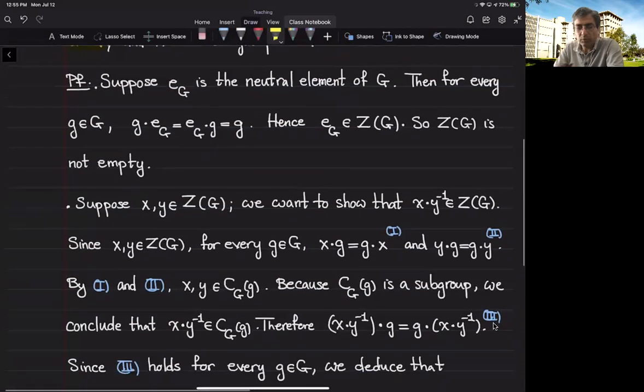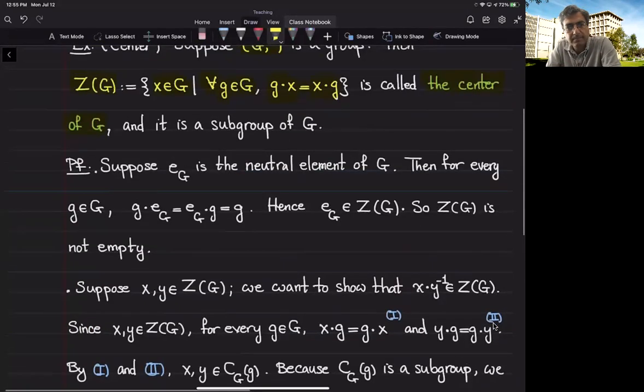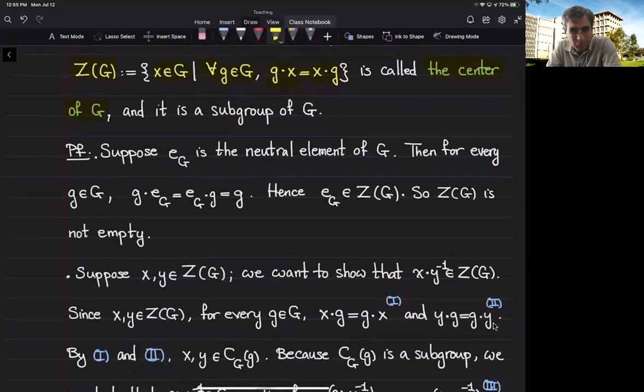Okay, so again, I want to use the subgroup criterion. I want to show that it is not empty. As I mentioned in the previous example, we looked at the neutral element. That would be a good starting point to show that it is not empty. So I need to discuss why the neutral element is in the center of G. That means I need to check whether or not this equality is true for every G inside the group.